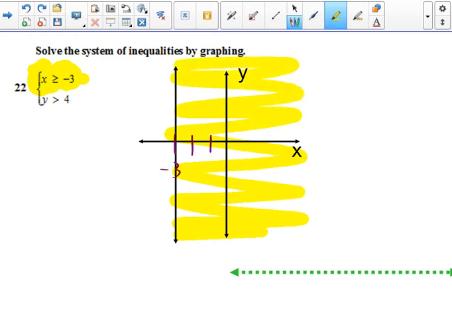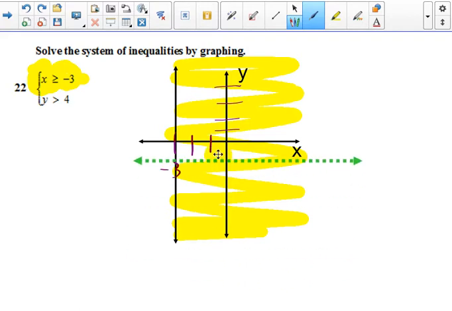And the next inequality says y is greater than 4. So you want to go to the y-axis and put a line through it at 4. So here it is. And this is going to be a dotted line because it's just greater than. It's not equal to, it's just greater than.